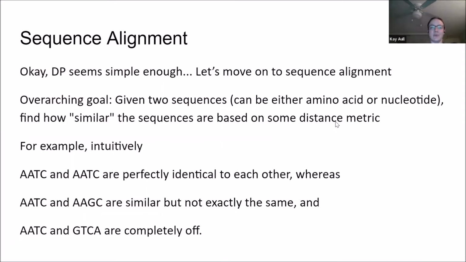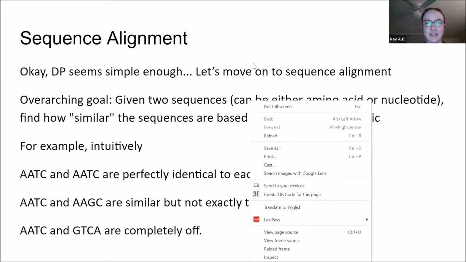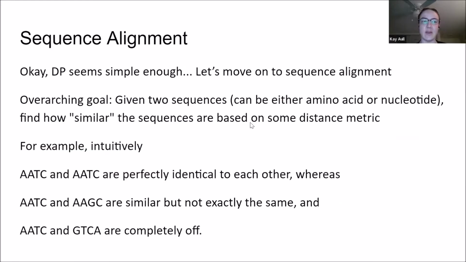Okay, so dynamic programming seems simple enough. What does this have to do with sequence alignment? The goal of sequence alignment is, if you have two sequences, how similar are they? And intuitively, if you have two identical sequences, they're identical.